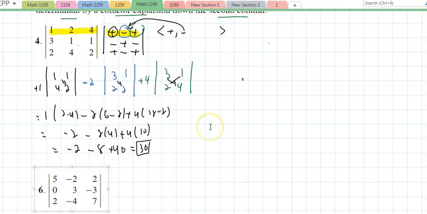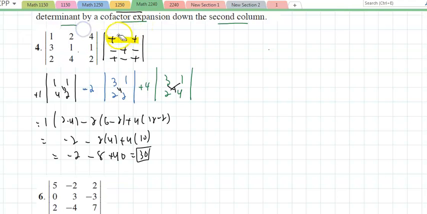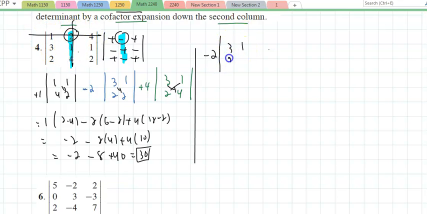So if I want to do the same thing and use the second column, well, the second column is right there. If I decided to use the second column, again, there's no wrong way of doing this. Any way you like. It's going to be 2, and if I cross out a row and column, 3, 1, 2, 2.